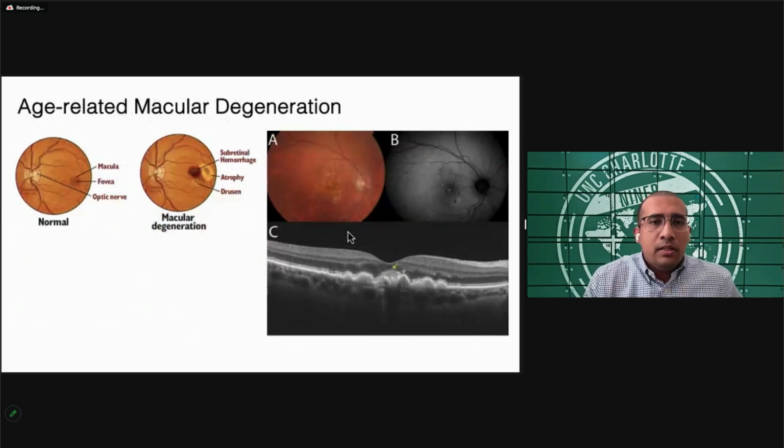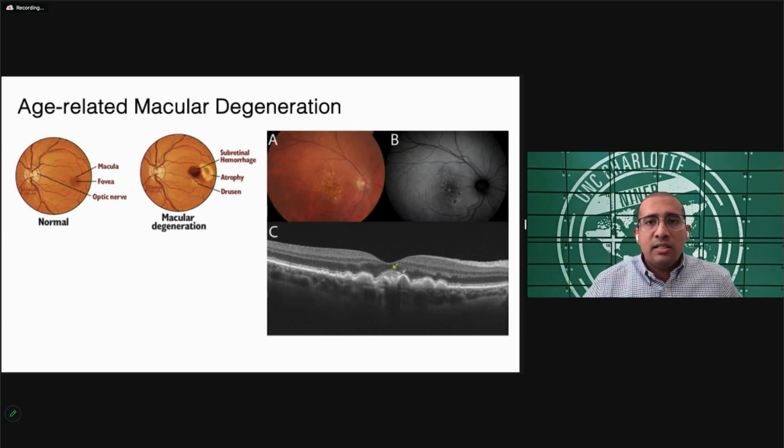AMD, the disease that I'm going to be mostly talking about, is also a retinal disease, mostly affecting the macula, which is, I don't know if you can see my mouse around here, we're looking at the retina here, and it has become a global pandemic. The rise of AMD in the population correlates with the increase in the mean age of humans, because there is a much older population globally.